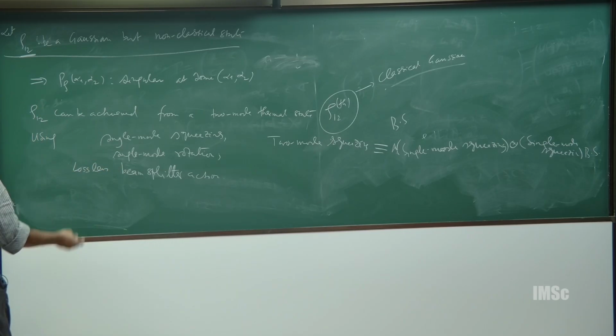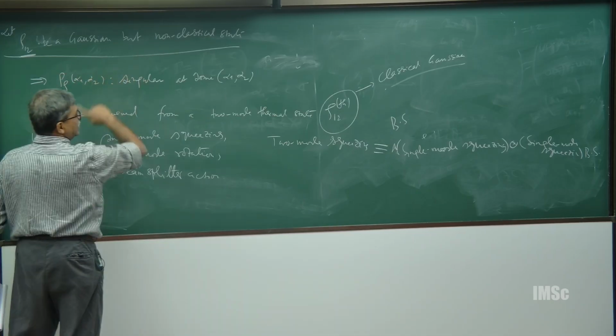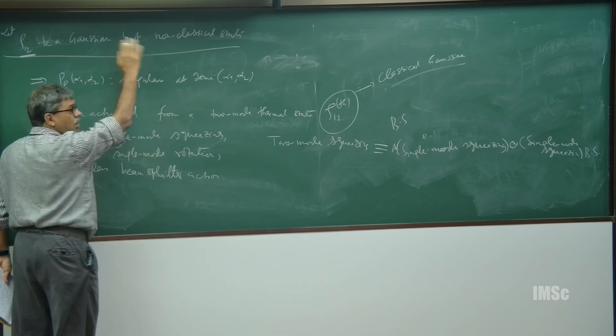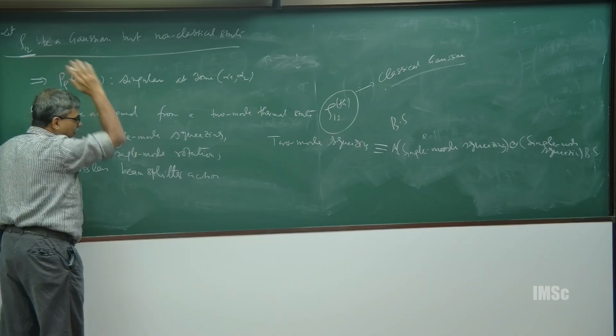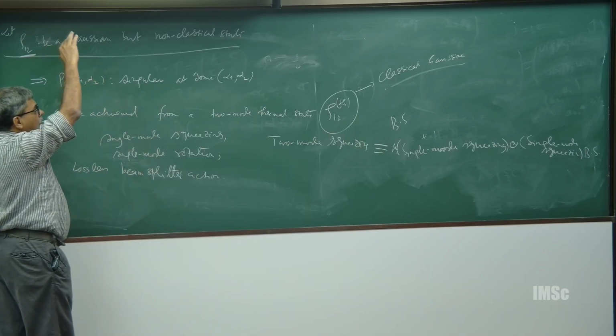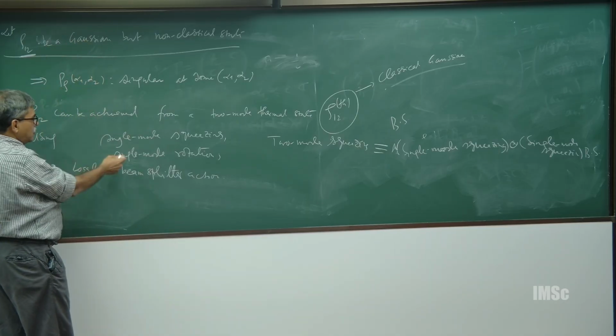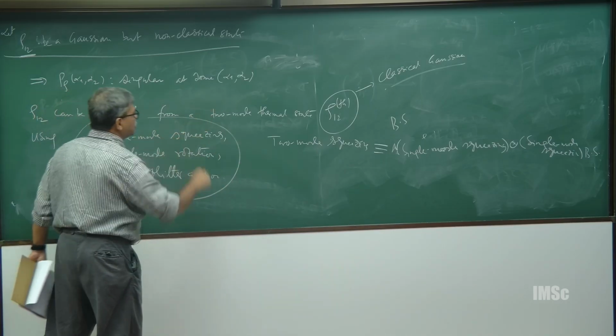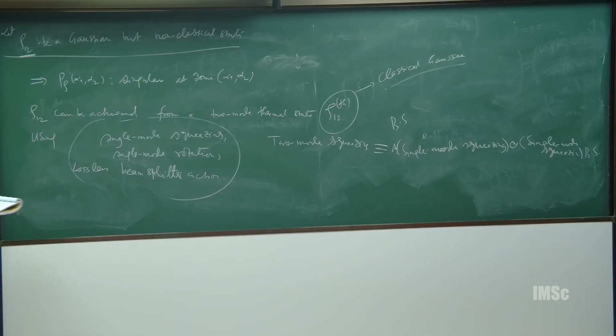Had this been a non-classical non-Gaussian state, our life would have been much more difficult. Because this is a Gaussian non-classical state, we can restrict our operations to get the state from a 2 mode thermal state.